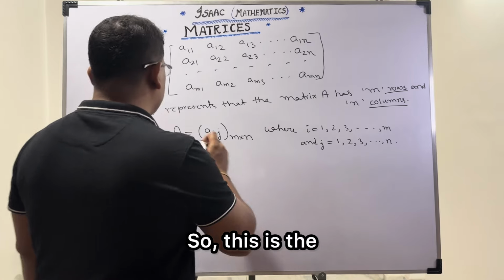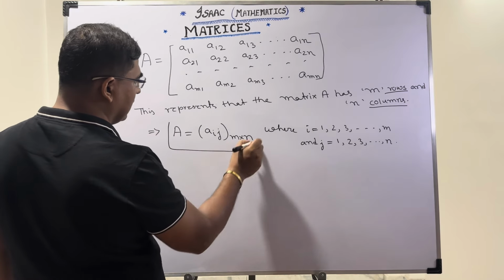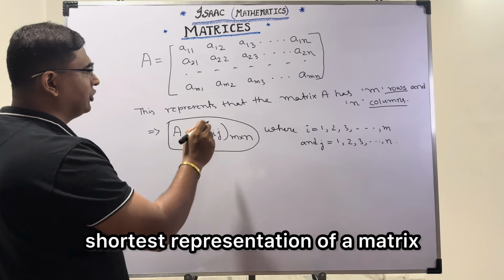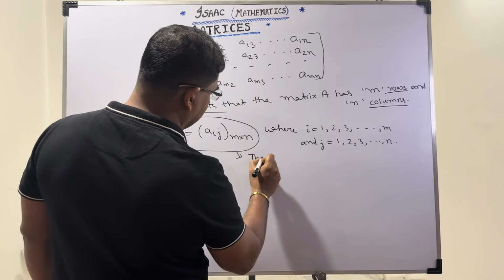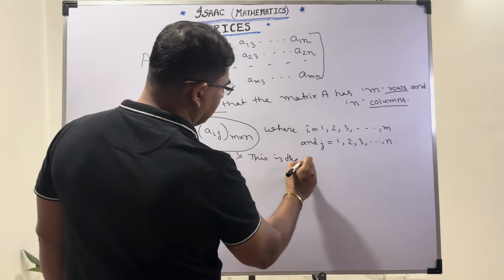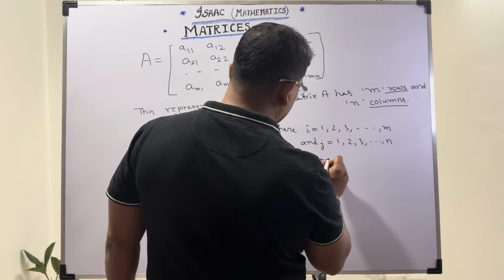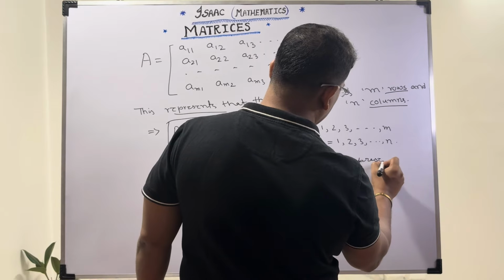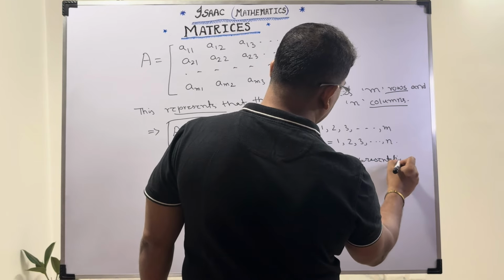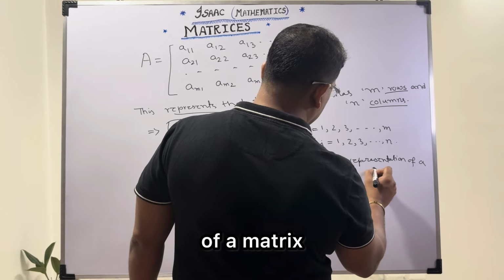So this is the shortest representation of a matrix.